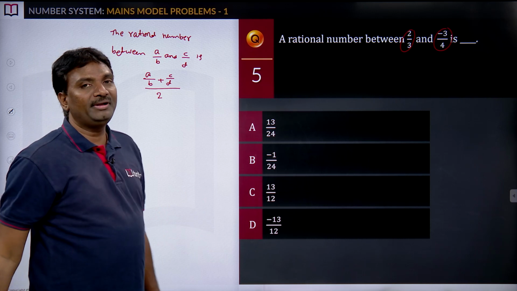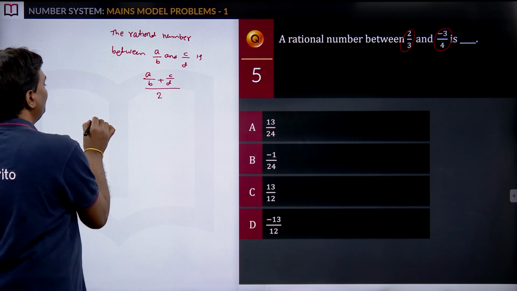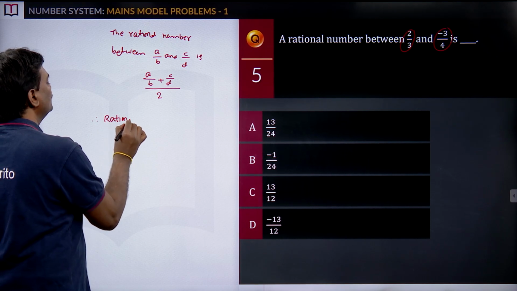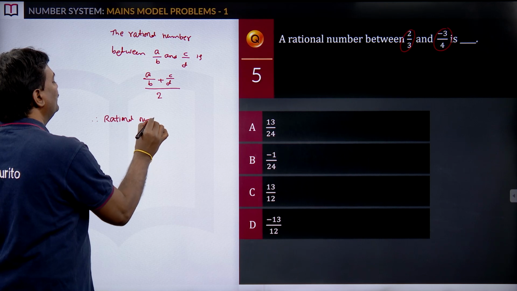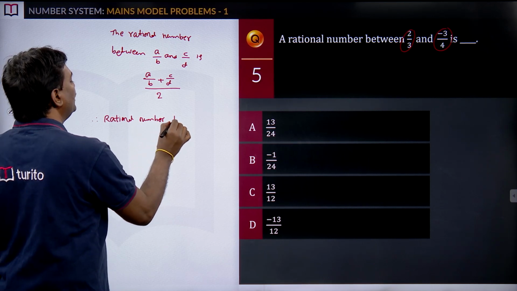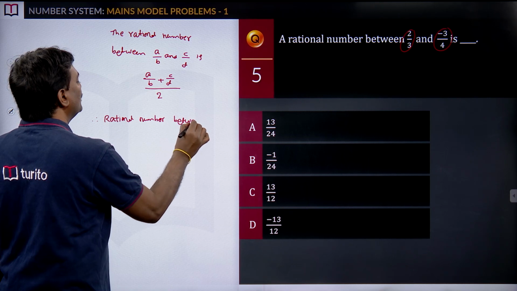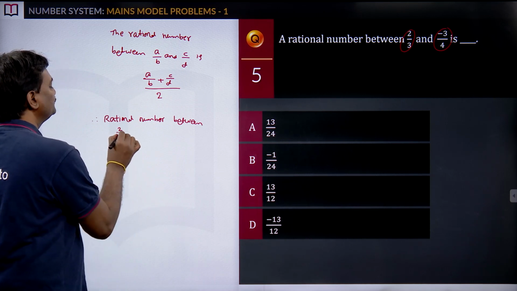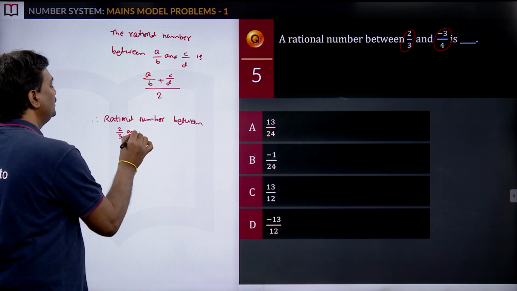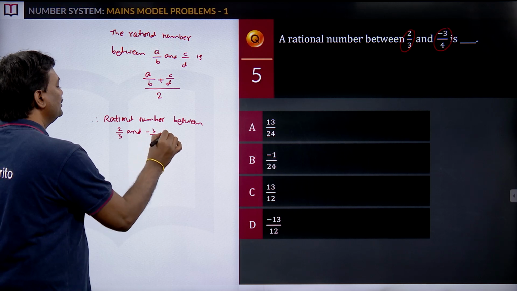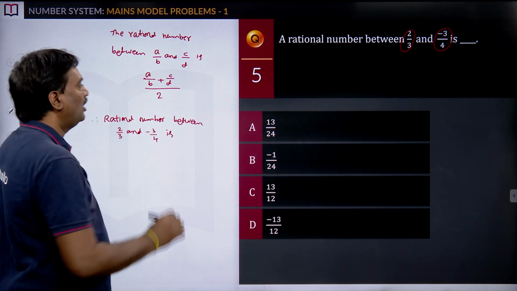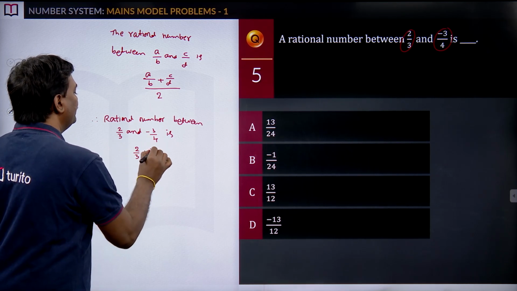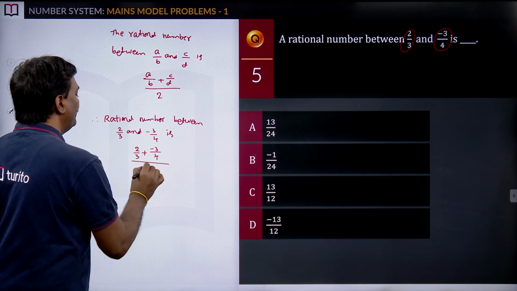So the rational number between 2 by 3 and minus 3 by 4, according to this formula, is a by b, 2 by 3, plus c by d, minus 3 by 4, by 2.